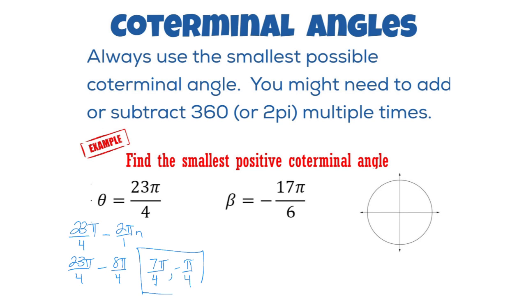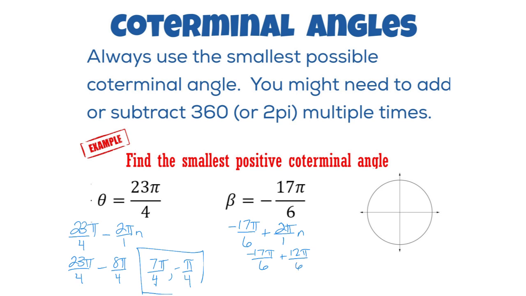All right, if you're going to do it by setting it up, negative 17 pi over 6, I'm going to add 2 pi over 1 n times, however many it takes. We don't really do anything with that n. That's just implying that I'm going to do it multiple times. So I'm going to change this to negative 17 pi over 6 plus 12 pi over 6.